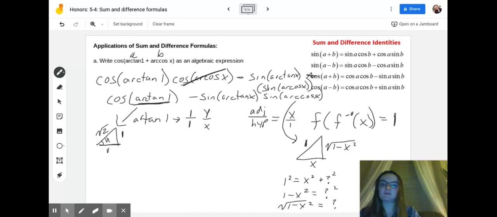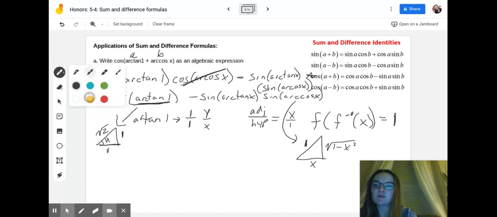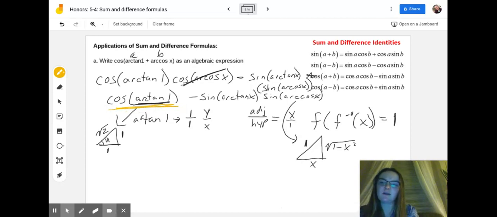All right, now that I have all of these triangles, I'm going to evaluate each of these pieces. In fact, I'll do it in a different color here. So the cosine of the arctangent: instead of saying arctangent, I'm going to replace it with this triangle here, because I already made a representation for it. So what is the cosine of the triangle?